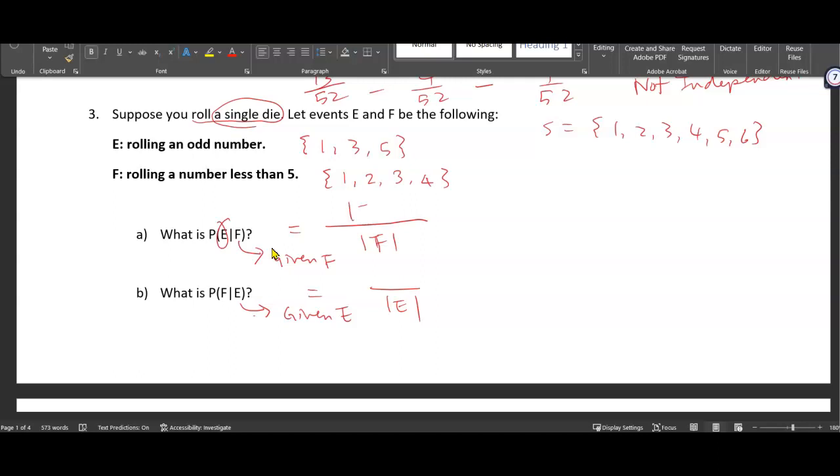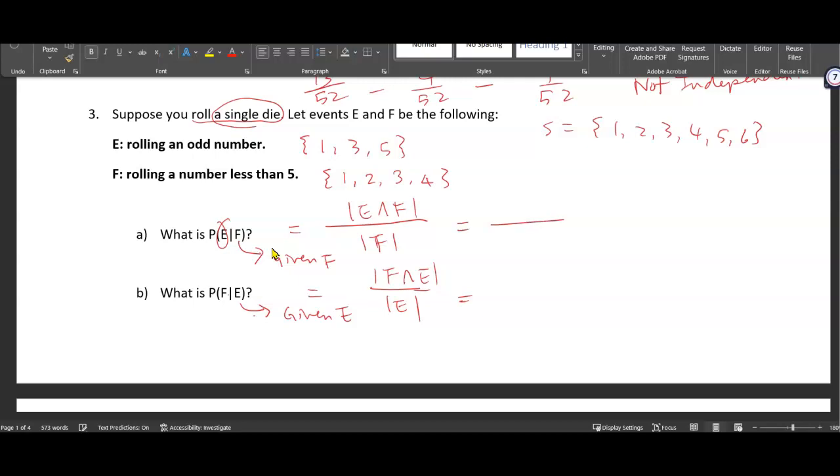The part of E that's in F is also called E intersect F, and the part of F that's in E is F intersect E, but they should be the same. E intersect F is the same as F intersect E, but the given is different. The given changes the restricted sample space, so the denominator is different, right?